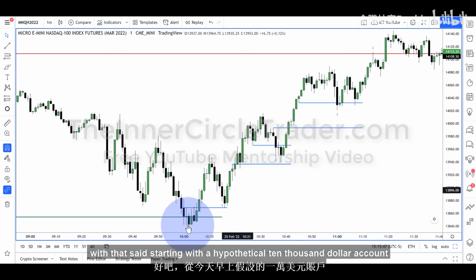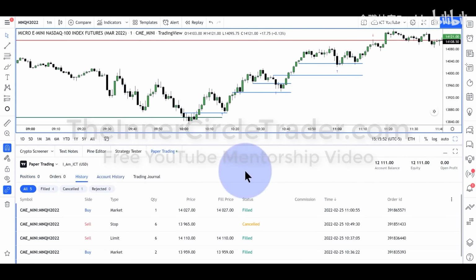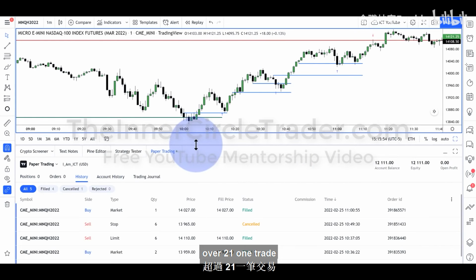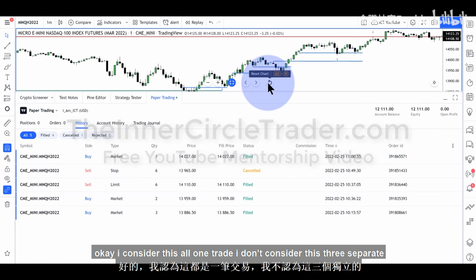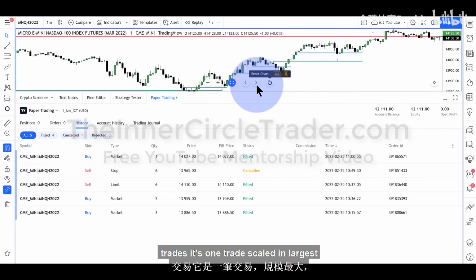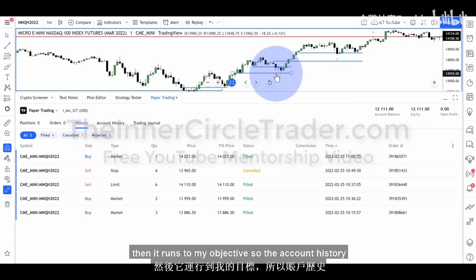With that said, starting with the hypothetical $10,000 account, just this morning, over 21%, 1 trade with 3 scale-ins. I consider this all 1 trade. I don't consider this 3 separate trades. It's 1 trade, scaled in, largest, middle, last portion.